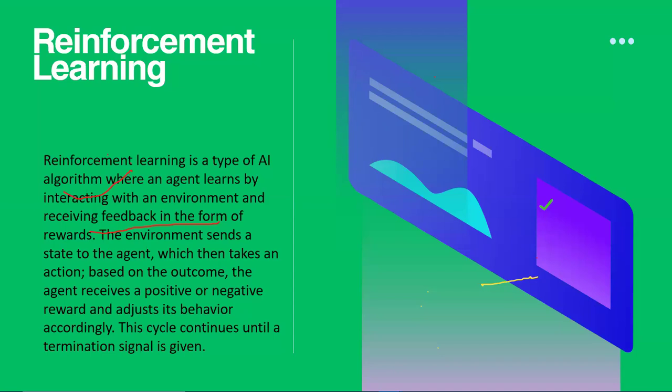Hence, reinforcement learning. This uses what we call a reward feedback loop. It works by taking feedback from the results of an action. So you take an action and then feedback is provided based on the action you took, and this is typically in the form of a reward.